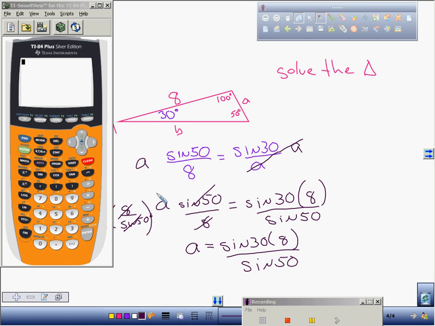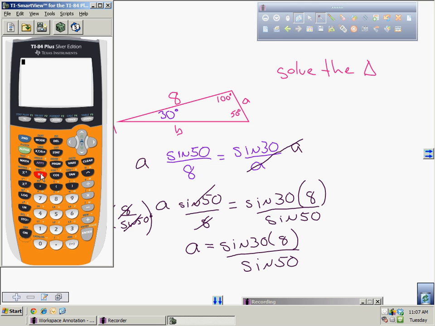On your calculator, be careful, okay? You want to do sine of 30, but make sure you close that parentheses first. Otherwise, it's going to take the sine of 30 times 8, which is 240. Times 8, divided by, and just to make sure, put this in parentheses as well: sine of 50.